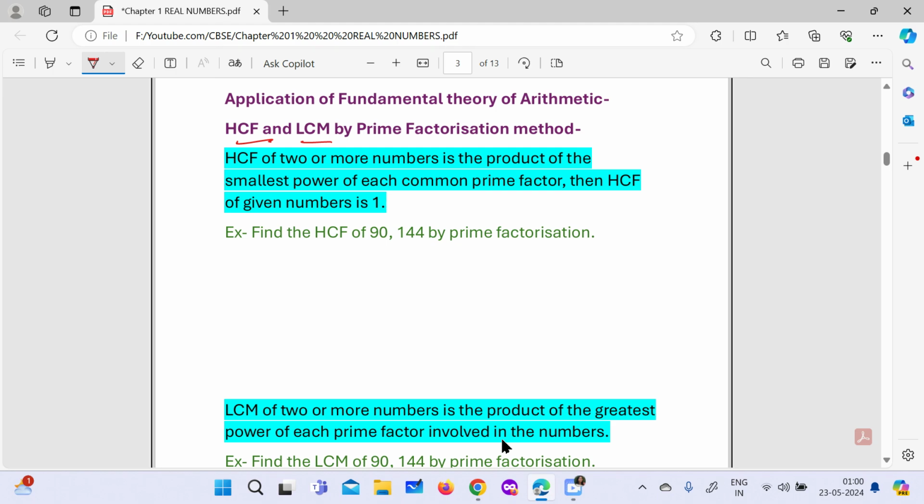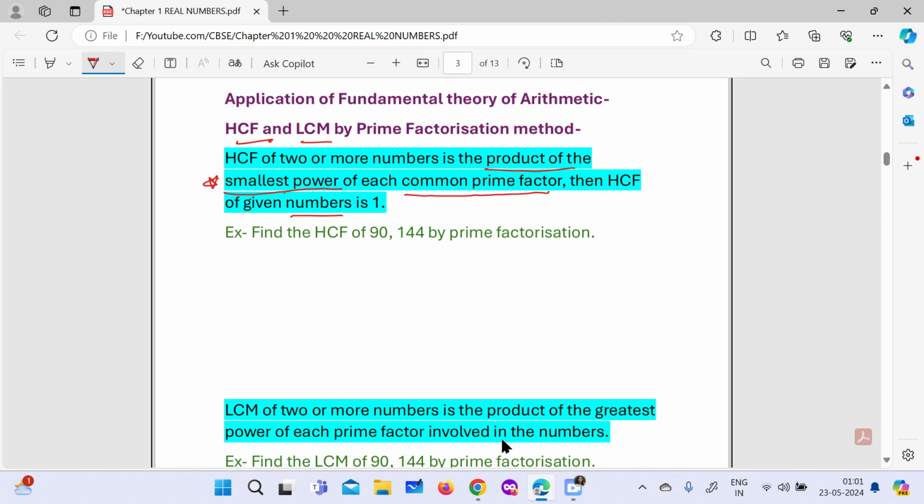HCF of two or more numbers is the product of the smallest power of each common prime factor. This you have to remember.